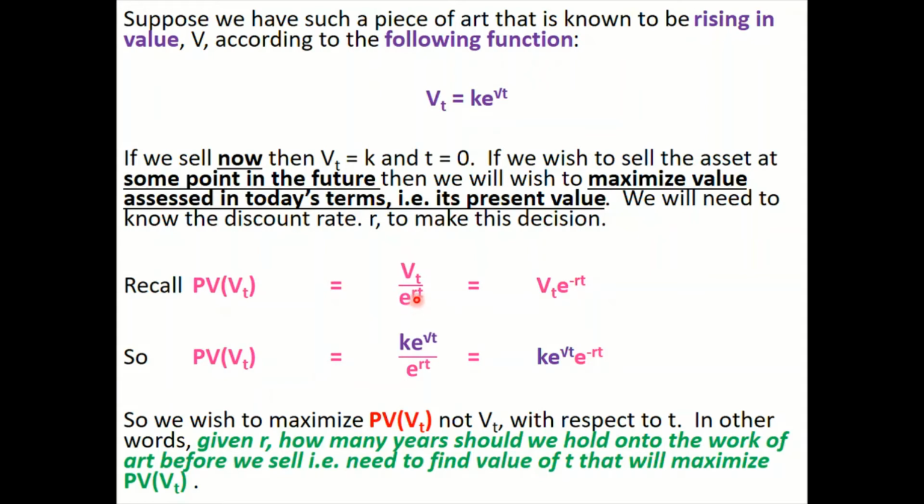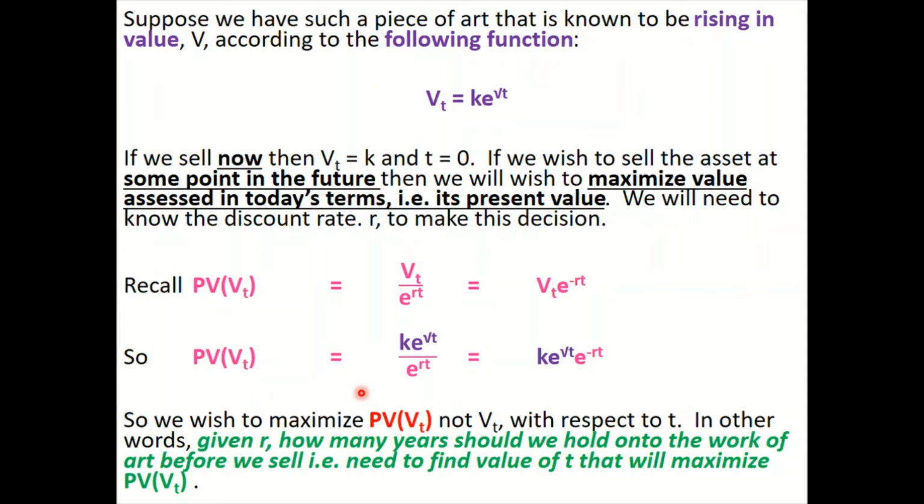In applying it to this example here, where VT is given as follows, we can substitute this into our formula. So we substitute in for VT. What we need to remember is that we are looking at the present value of this asset.